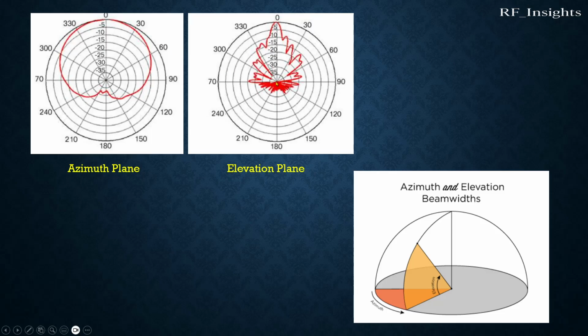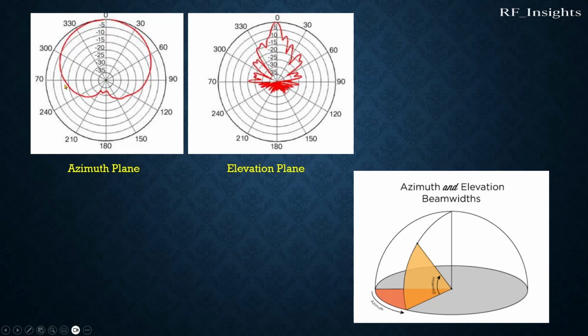And if you do the same thing, standing here in the middle and moving your hand from the straight position up from 0 to 90 degrees, you will get this elevation cut of the antenna pattern. It's like you're standing beside the antenna and looking at it from the side.